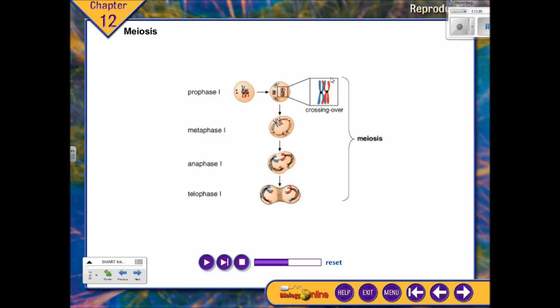Okay, and then also they're representing crossing over. When they do find each other, they exchange pieces. This is making more diversity, so you don't just inherit your dad's chromosome. You inherit dad's chromosome that was made when he made his sperm. And this process happened to make his sperm.